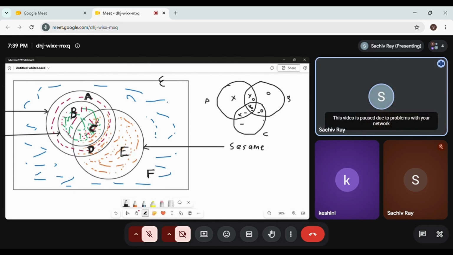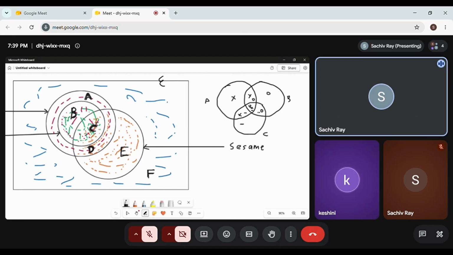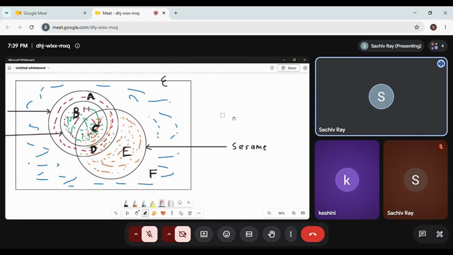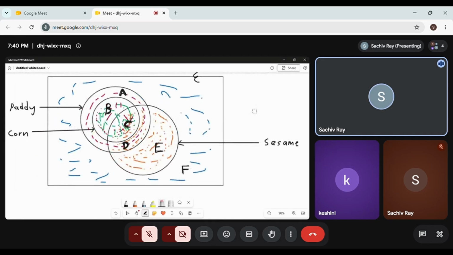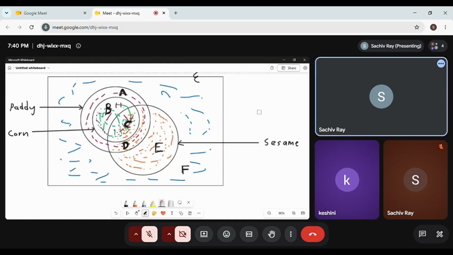The intersection is the middle part, which has all three. You get the point, right? So instead of different colors, you can use different symbols. Take a small pencil, draw different symbols on every part of that set, then you get a clear idea. If you're confident, no problem at all, you can straight away go to the question. Are you clear with this part? Yes, sir. Any doubts? No.